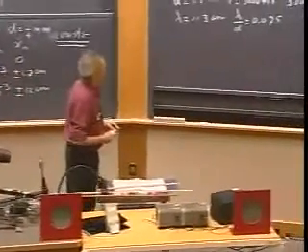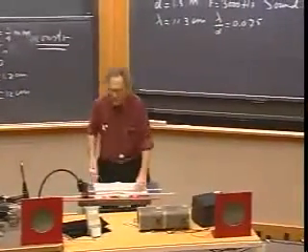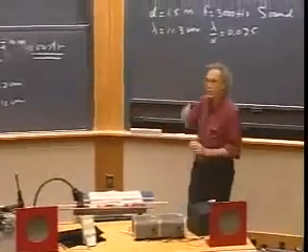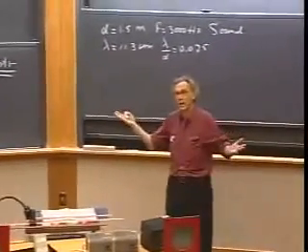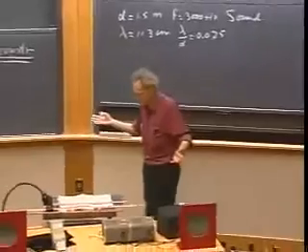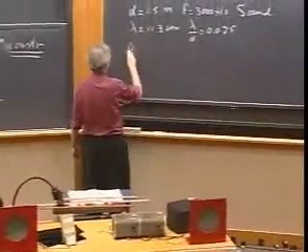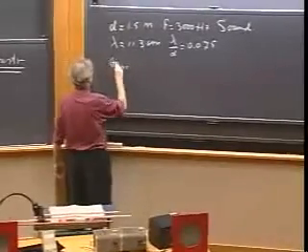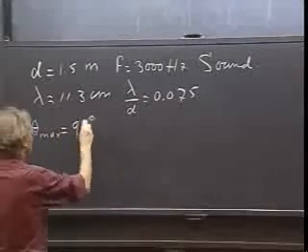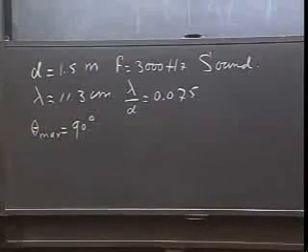In order to do that, we simply have to stick in our equation, d sine theta equals n lambda. We just put in theta is the maximum value possible, and that is 90 degrees, pi over 2 radians.